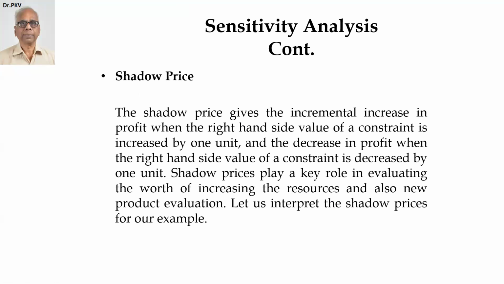The shadow price gives the incremental increase in profit when the right-hand side value of the constraint is increased by 1 unit, and the decrease in profit when the right-hand side is decreased by 1 unit. They play an important role in increasing or decreasing the resources for product evaluation. So let's look at the interpretation now.